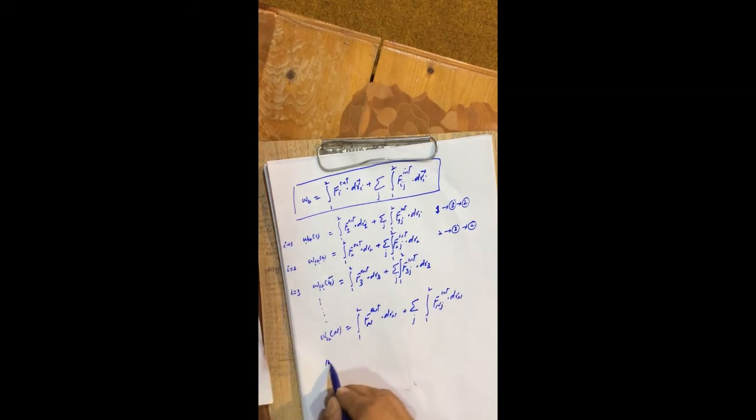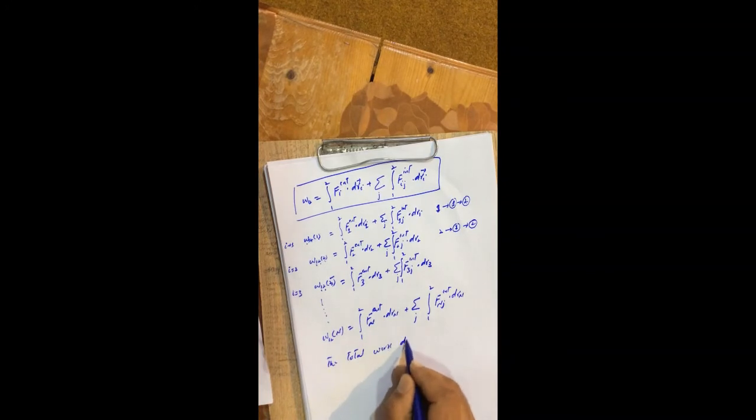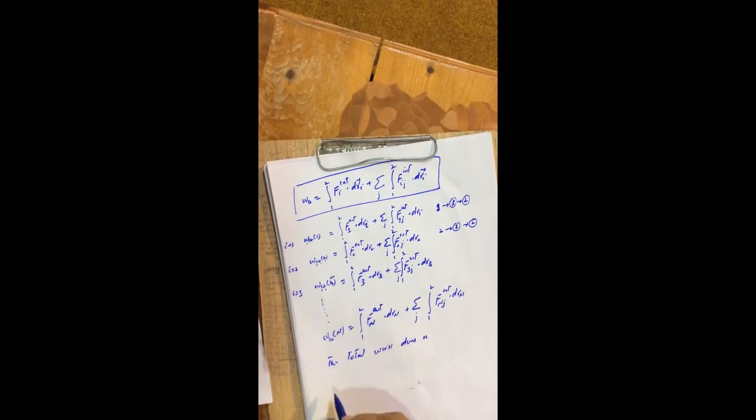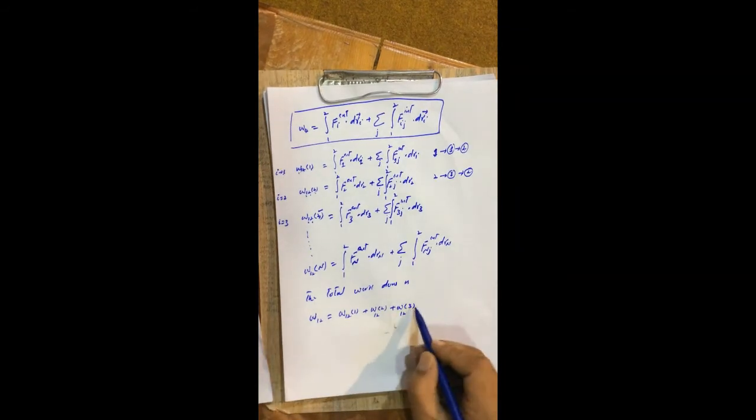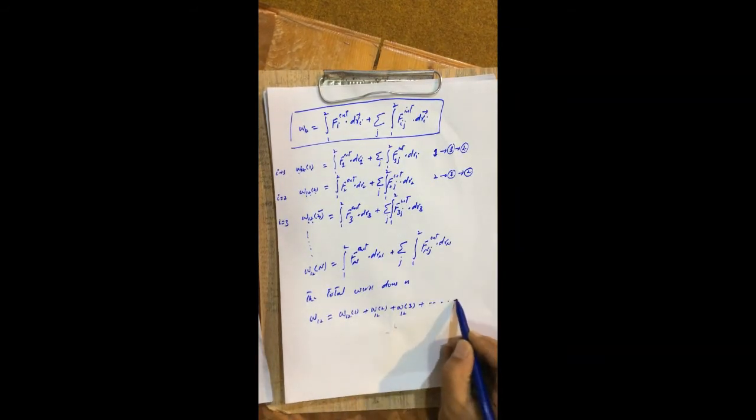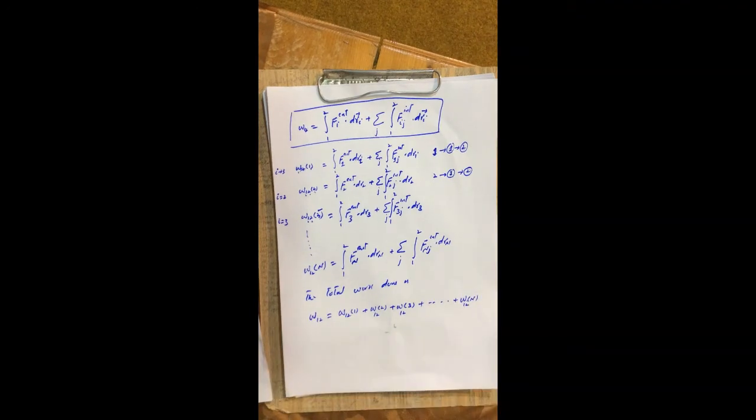So the total work done from 1 to 2 will be equal to the work done in moving particle 1 from position 1 to 2, plus the work done in moving particle 2 from position 1 to 2, plus the work done in moving particle 3 from position 1 to 2, and so on, and finally the work done in moving particle n from position 1 to 2.